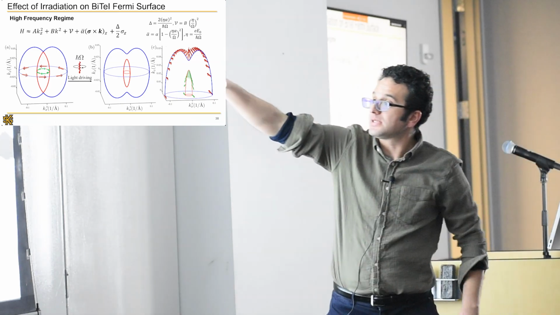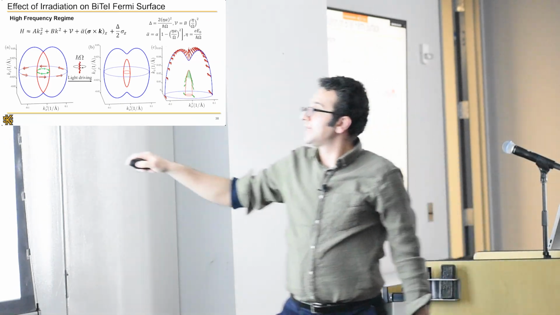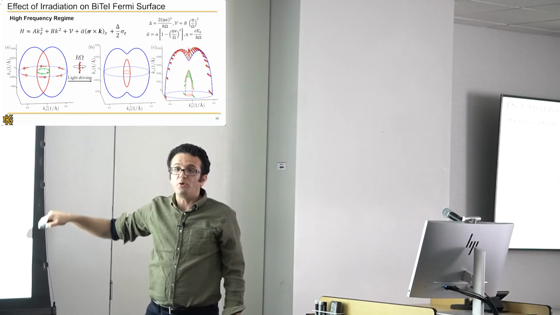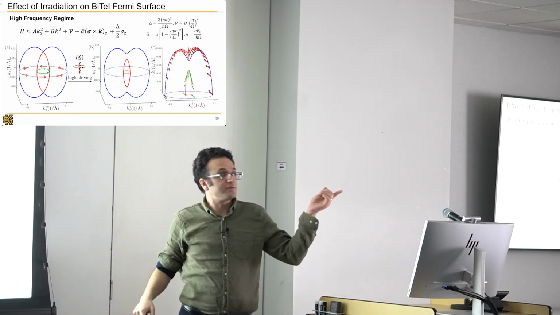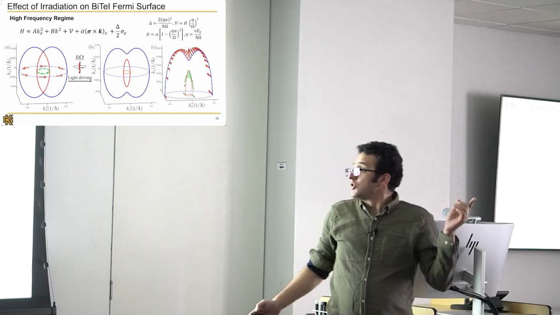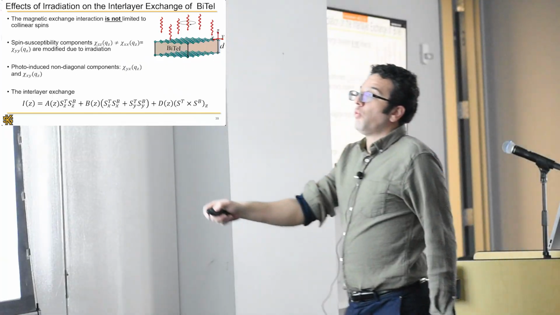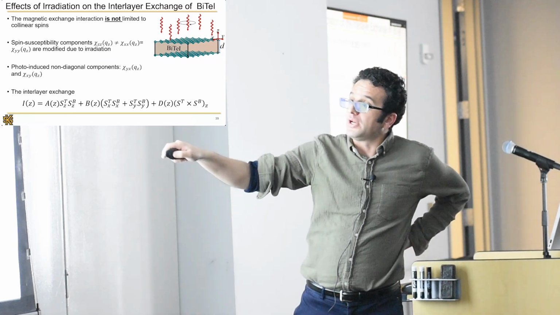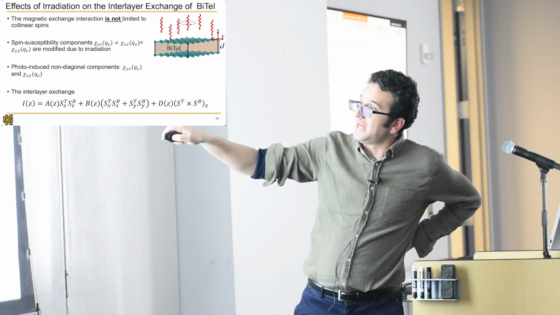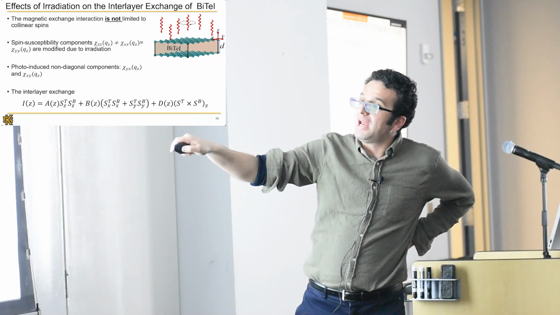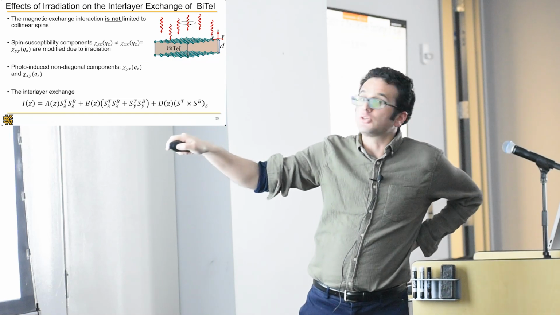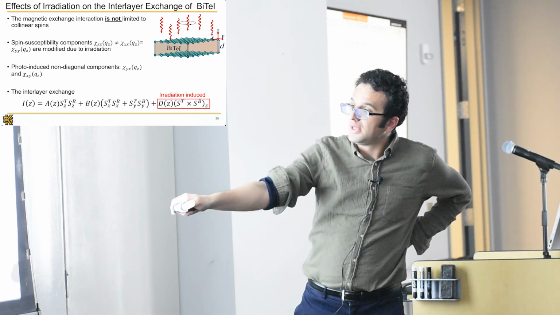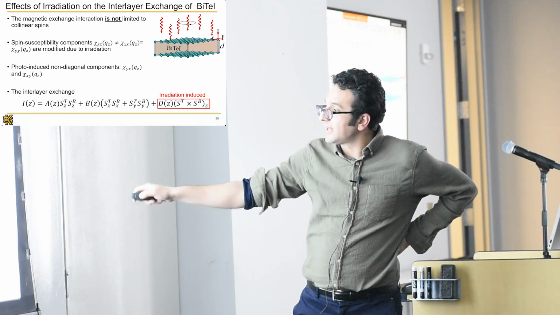I had spins only in plane, but as soon as I irradiate my material, I also have out-of-plane components across my Fermi surface, right? So that means that whenever I irradiate this material, I will have a photo-induced non-collinear magnetic exchange, meaning off-diagonal elements in my spin susceptibility tensor that will lead, in addition to the collinear terms, to an irradiation-induced non-collinear term.